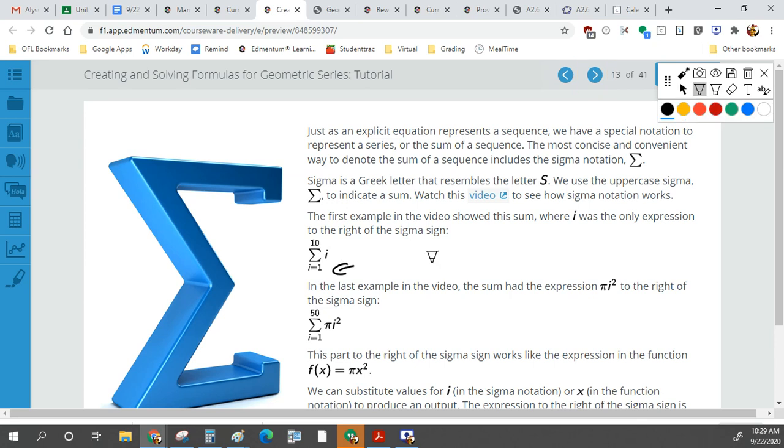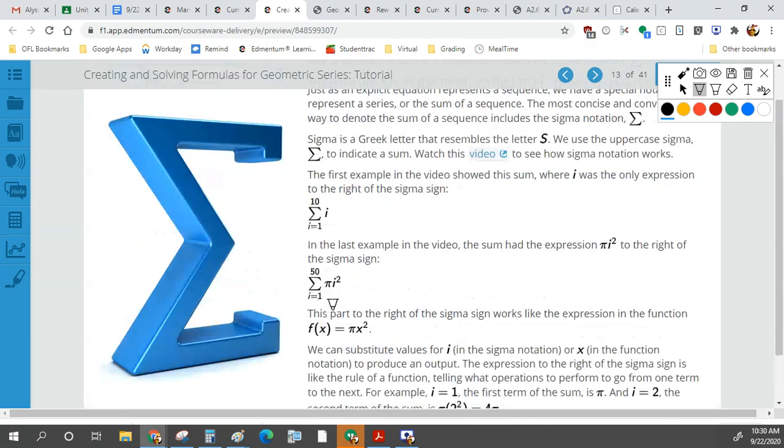This is always going to be our starting point, and this is where we stop adding. This is what makes it finite. Sometimes if you see it with an infinity on the top, that means it's an infinite series. It keeps going on forever.